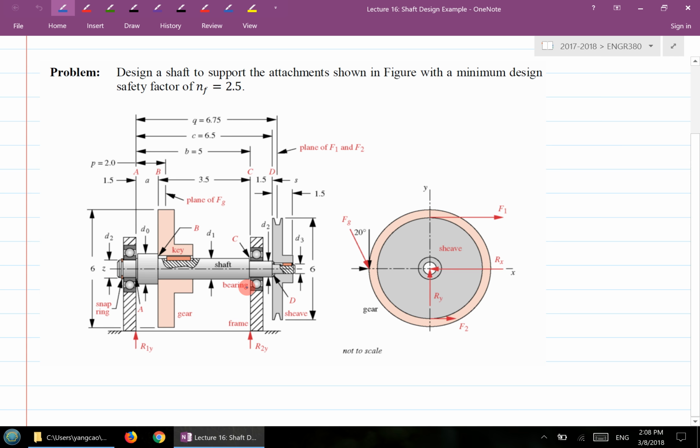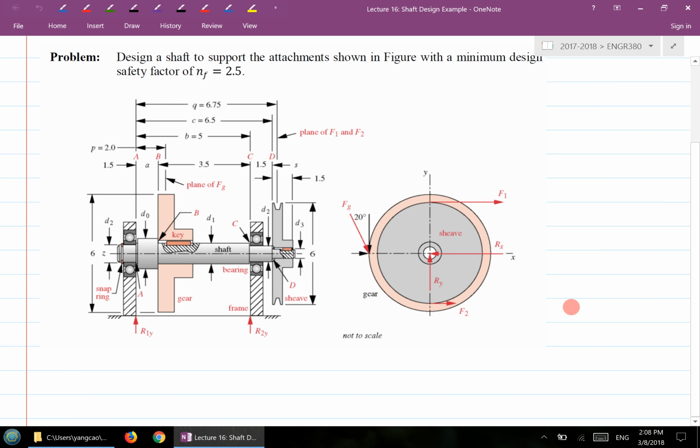That's the design part. Another thing that's known is the loading condition. Once you know the loading condition, you can make use of some assumptions first, and then design the shaft.